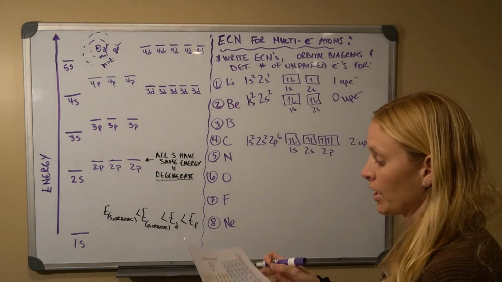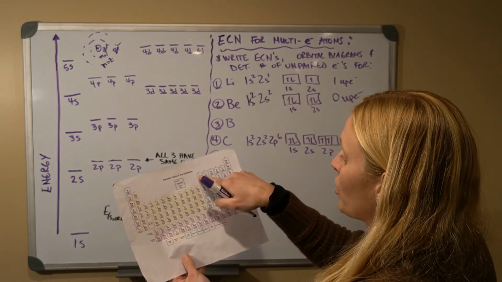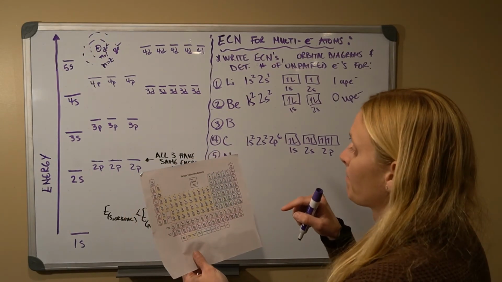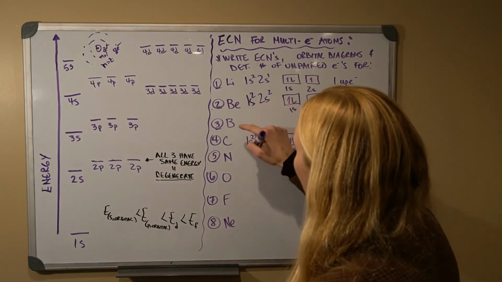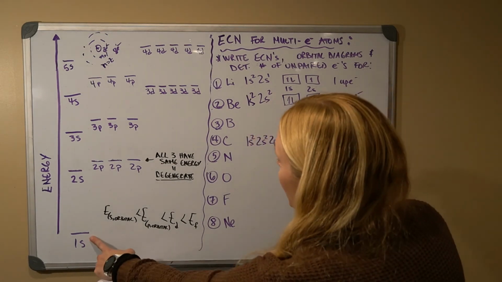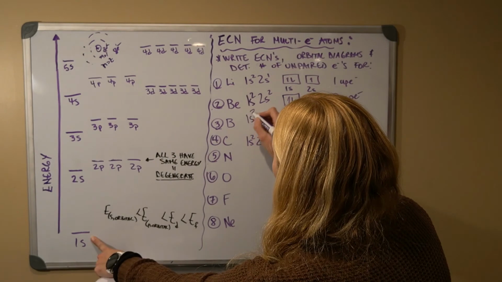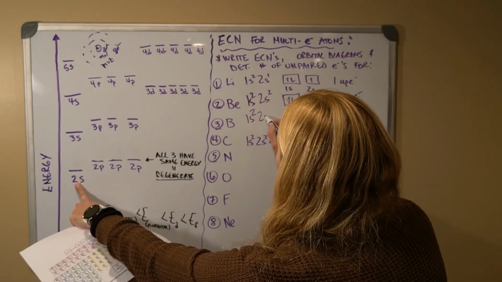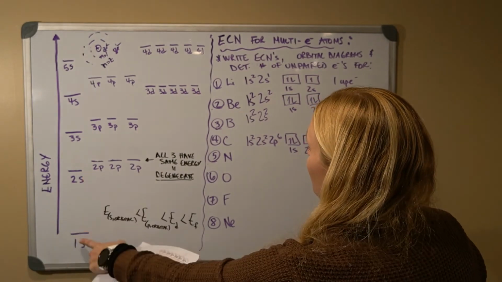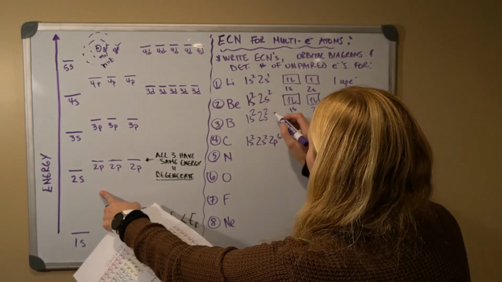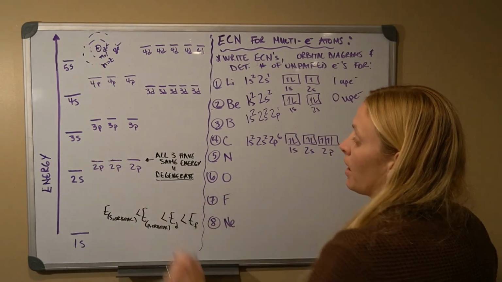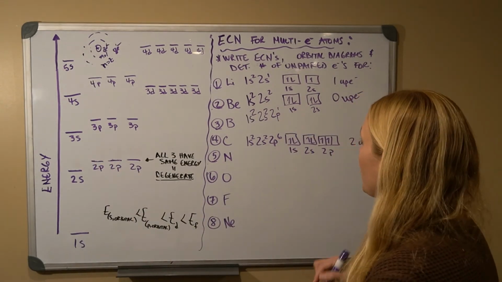Okay. Take a look at boron. So boron jumps over to column 13. That is number 5. Okay. So 5 protons, 5 electrons. So we have 1s2, 2s2, and then that's 4, and then 1 is going to go in one of these 2p orbitals there.